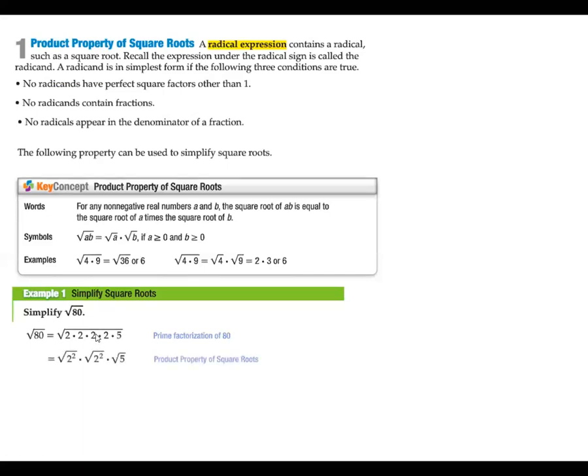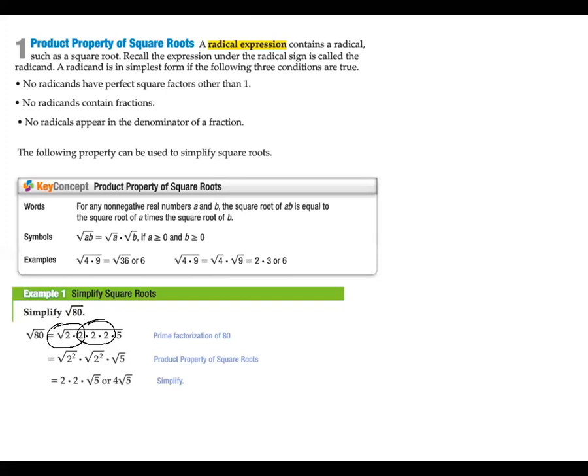Now, you could break that apart into the square root of 2 squared times the square root of 2 squared times the square root of 5. Well, these two factors make a perfect square of 4, and these two factors make a perfect square of 4. So the square roots of those are 2 times 2, or 4. So the square root of 80 simplifies to 4 square root of 5.